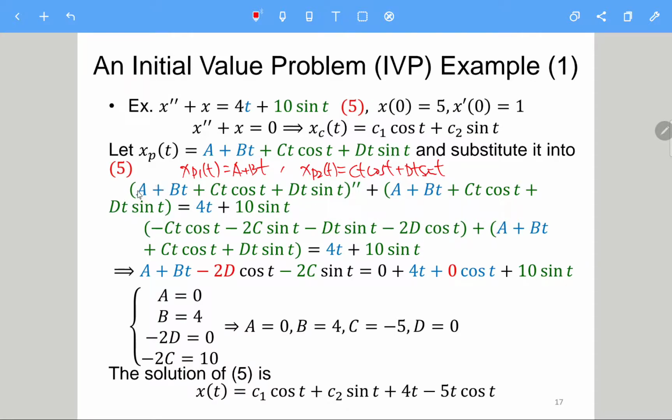The double prime of a plus bt will be nothing but 0, so we don't have the first term here. The second derivative of the next term will be quite horrible, because t times cosine t with a double prime will have 3 terms. The second derivative of dt sine t will have another 3 terms.